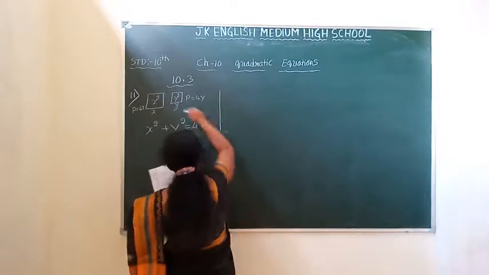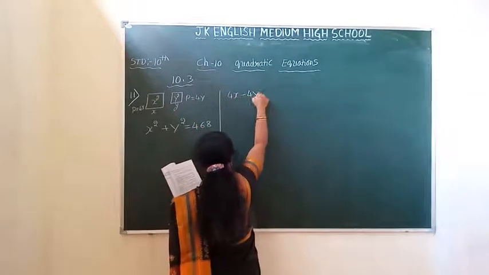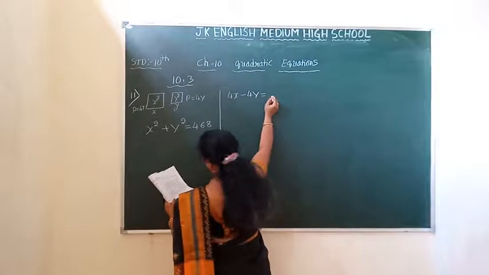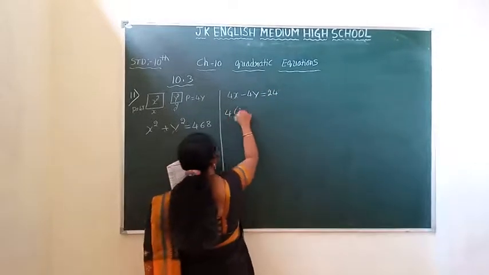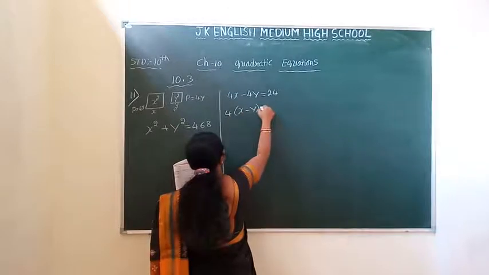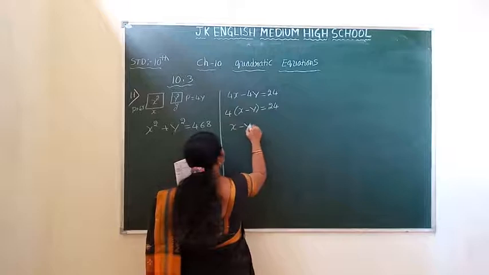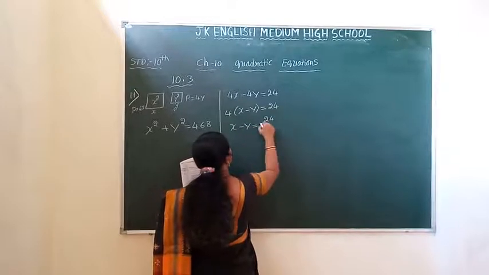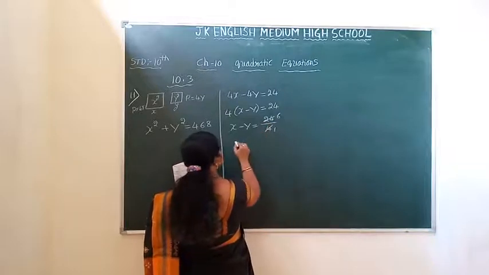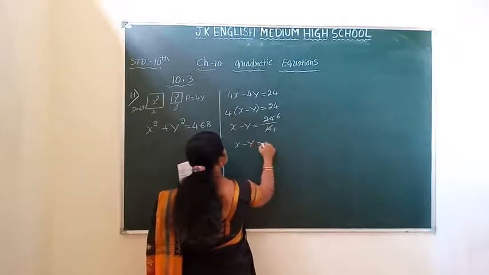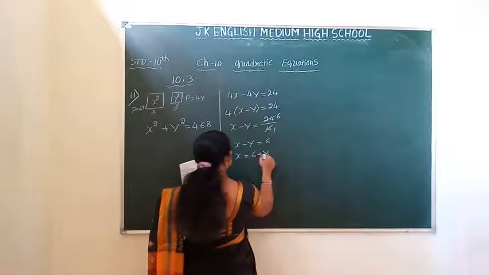The perimeter of this square is 4x and the perimeter of this square is 4y. According to the statement, the difference of these two perimeters is equal to 24 meters. So 4 you take common, then 4 into x minus y is equal to 24. Then x minus y is equal to 24 divided by 4, which is 6. So x minus y is equal to 6, and x is equal to 6 plus y.